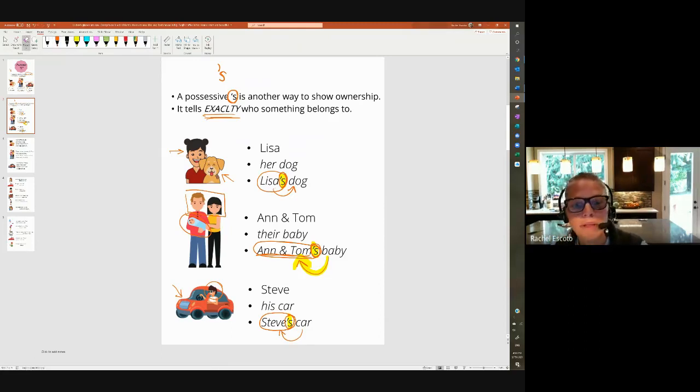So here we have Lisa's dog. The dog belongs to Lisa. Here we have Anne and Tom's baby. The baby belongs to Anne and Tom. We have Steve's car. The car belongs to Steve.